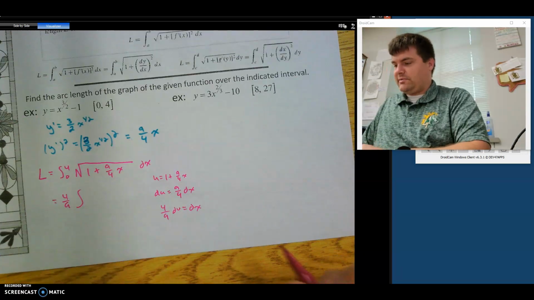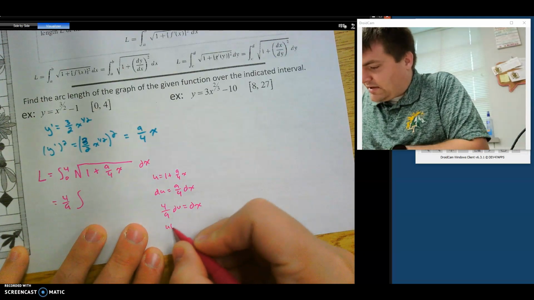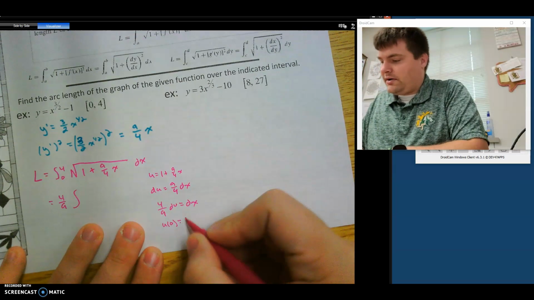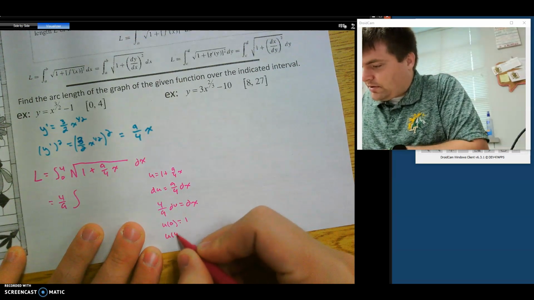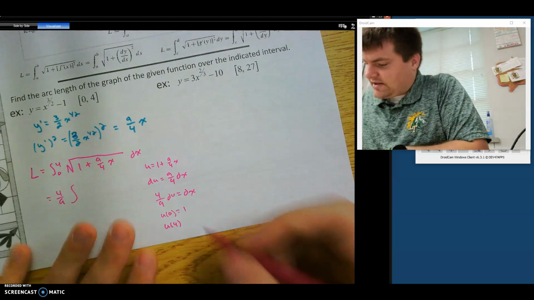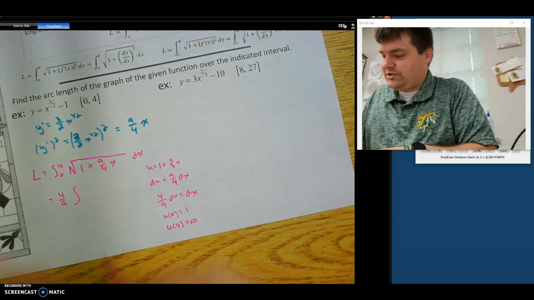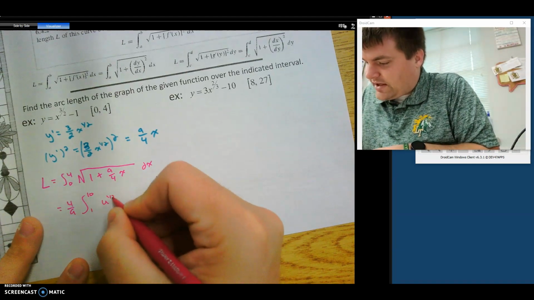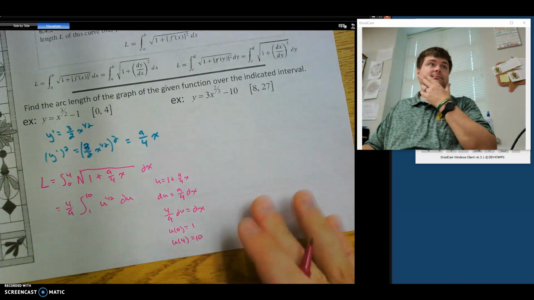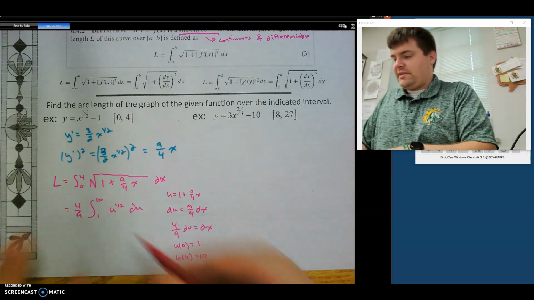So this is going to equal 4/9. My bound, let's go ahead and talk about my bound. So if I were to plug in a 0 for my bottom bound, I would get 1. And if I were to plug in a 4, that would give me a 10. So integrate from 1 to 10 of this u to the 1 half du. So find the antiderivative of this.